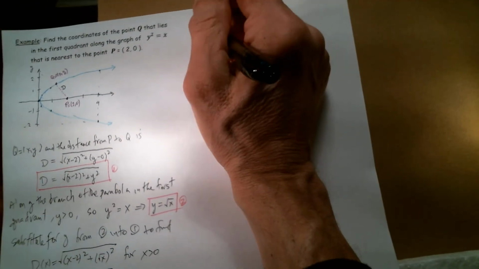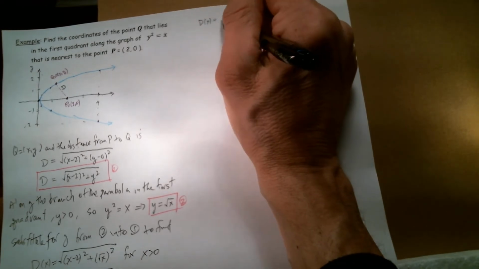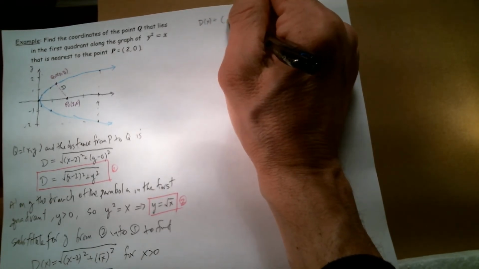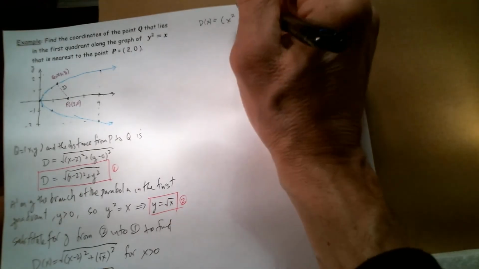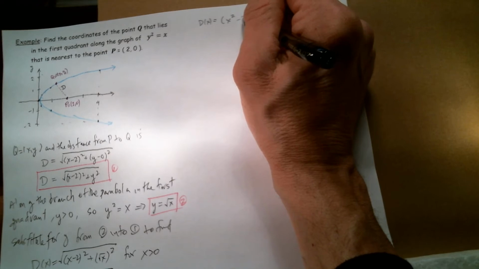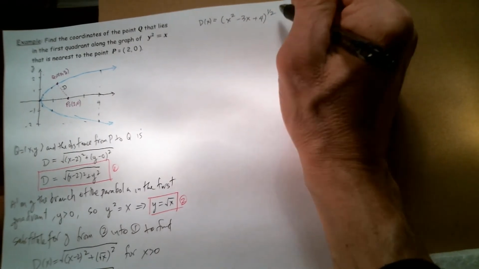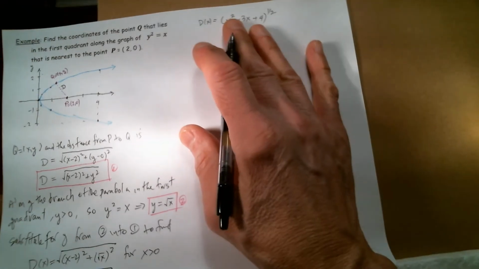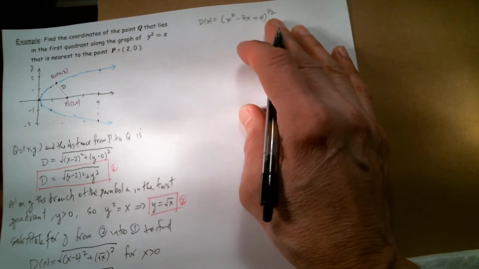Our distance formula, d of x, therefore reduces to x squared minus 4x plus x, which gives you minus 3x plus 4, and then the square root is also to the power 1/2. Okay, x squared minus 3x plus 4 to the power 1/2.